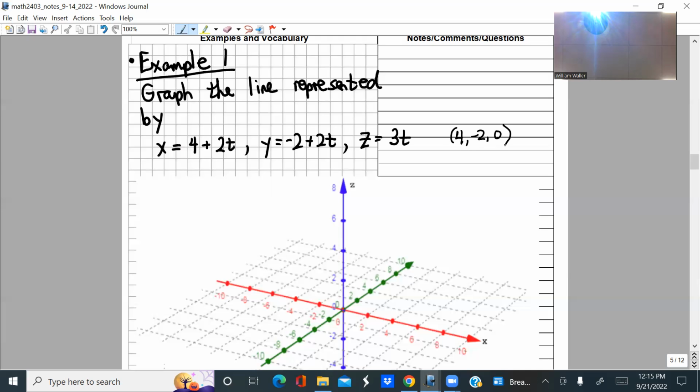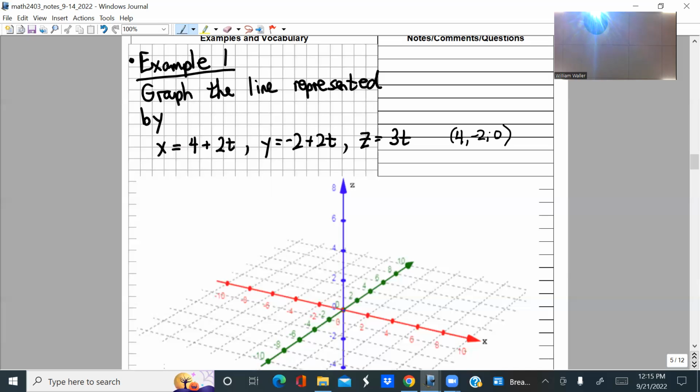That is equivalent to setting t to 0 in these parametric equations. So remember, you can choose t to be any value that you wish, and if you choose t to be 0, you immediately get this point.